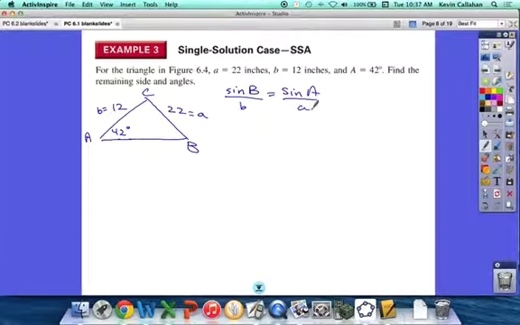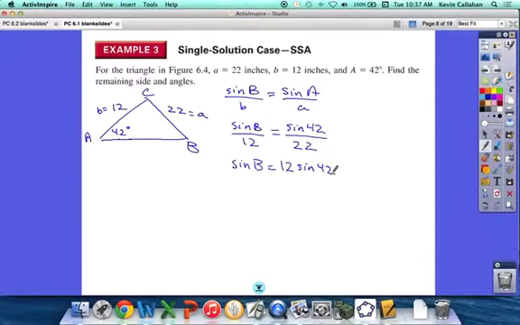Fill in for the things that you know. Sine of B over 12 equals the sine of 42 over 22. So the sine of B equals 12 sine 42 over 22.